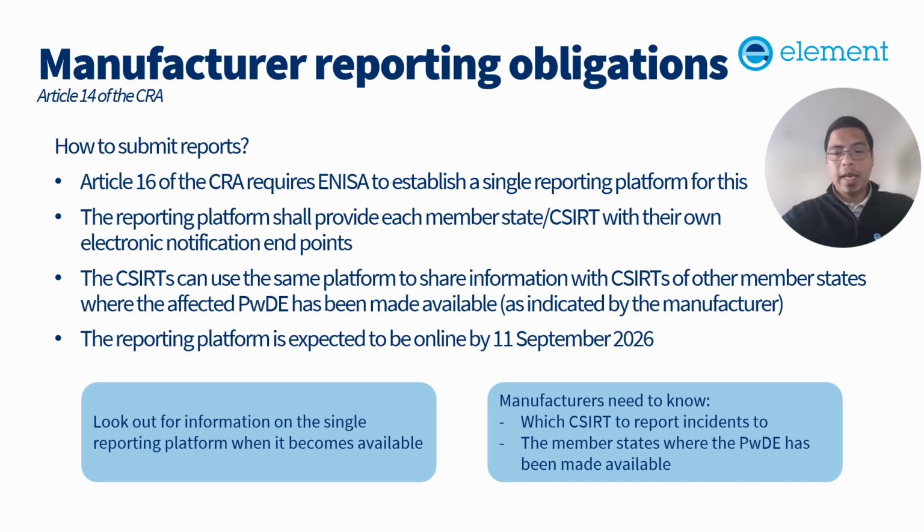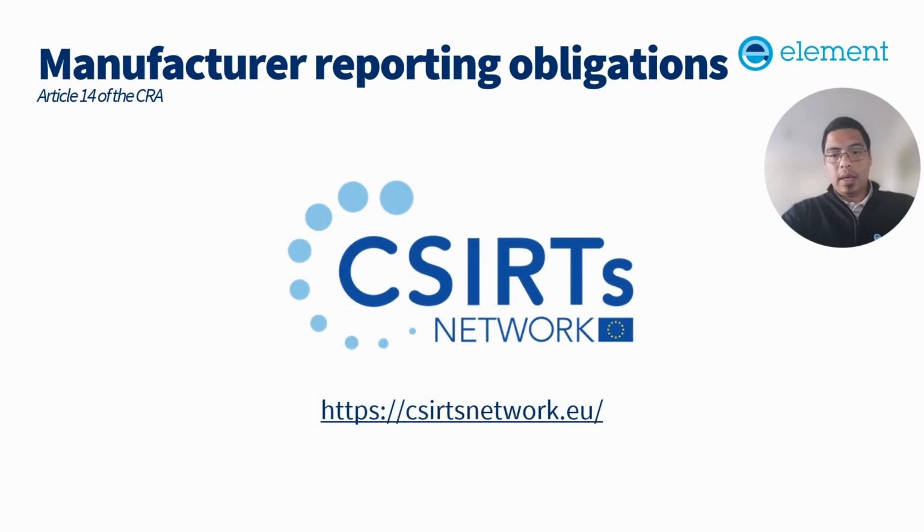The other thing that's clear is that manufacturers will need to determine which CSIRT they're going to have to report these incidents and exploited vulnerabilities to. And as part of that reporting, they need to know the member states where their given products with digital elements that they're responsible for have been made available. So a useful resource is the CSIRTs network.